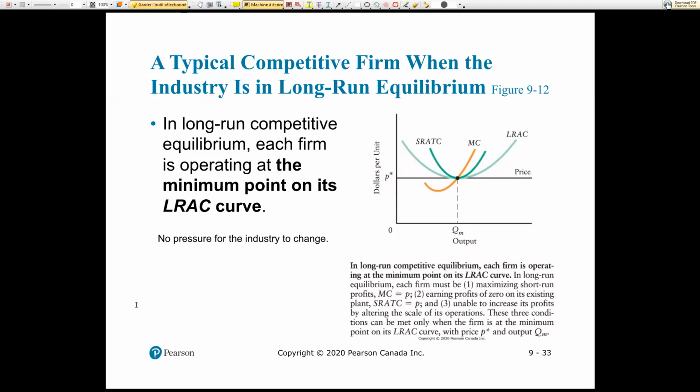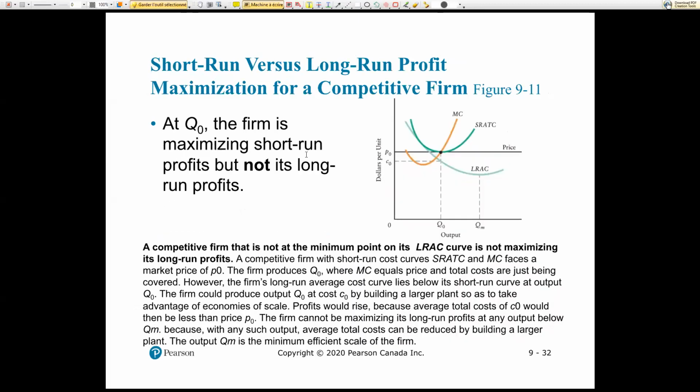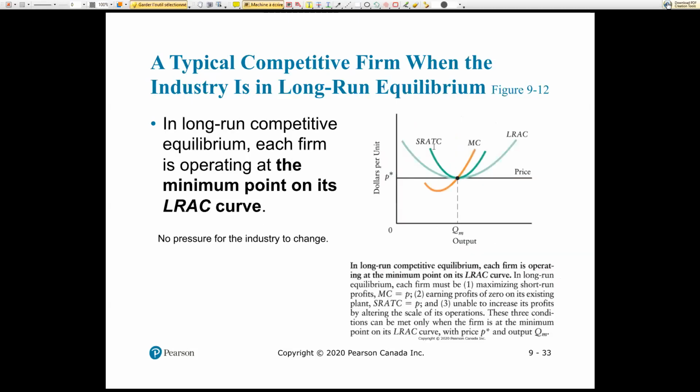All right. So you might remember these short-run average total cost curves and long-run average cost curves that we've seen before. These short-run average total cost curves were enveloped by the long-run average cost curve, which is the smallest possible value for all of them.